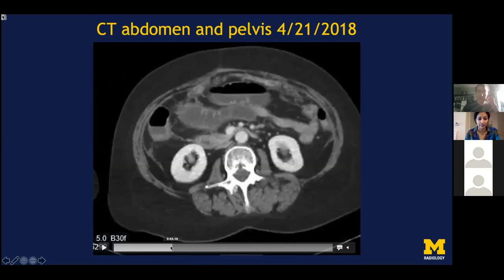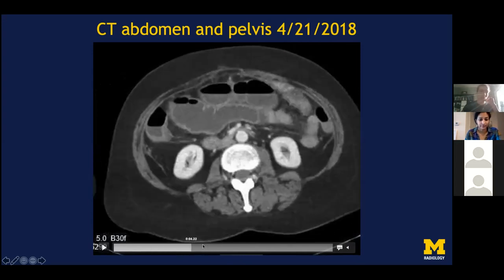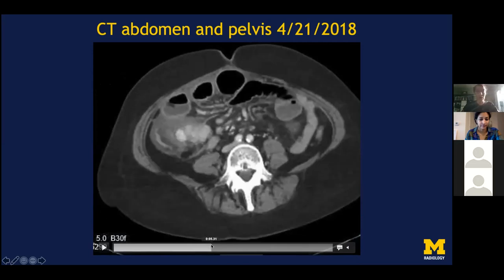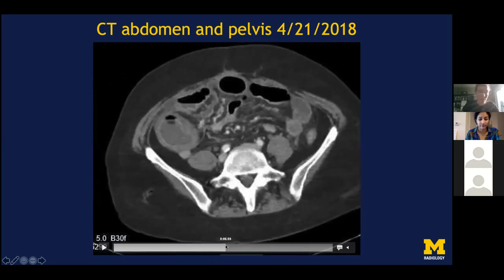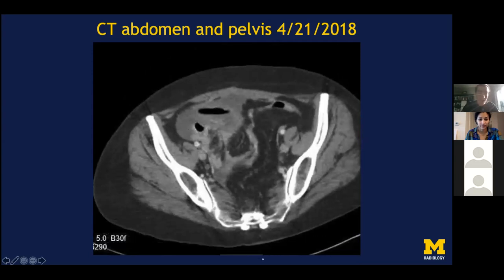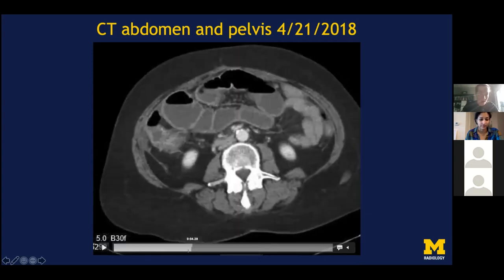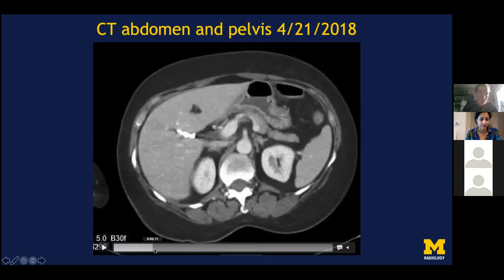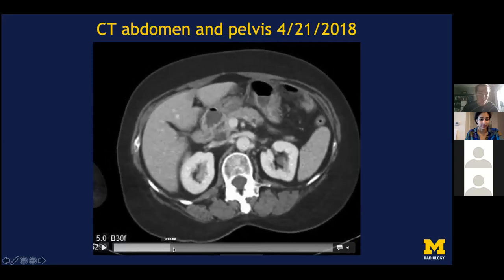And we see lots of small bowel loops that are enlarged and dilated with wall thickening. There's some mild ascites, and then we also have some omental caking. Closer here to the top.